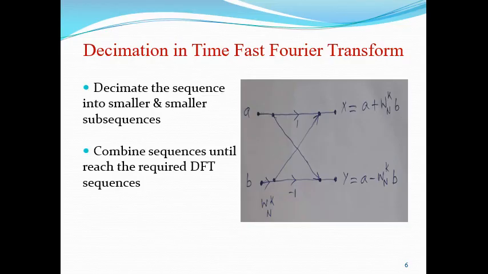The DFT point y is equal to a minus w n to the power k into b. In this basic butterfly diagram, minus 1 is involved, that is why the two input signals are subtracted along with the twiddle factor value.